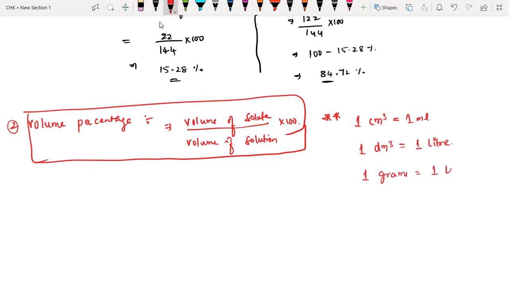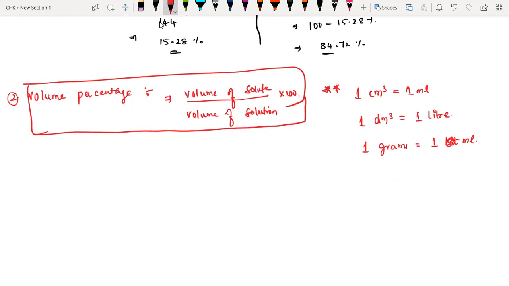Simple conversion. Otherwise we will multiply with the density, but density of the two substances will be the same, no? So 1 gram equal to 1 ml only we will take normally, but centimeter cube to ml, decimeter cube to liter is a very important conversion factor.